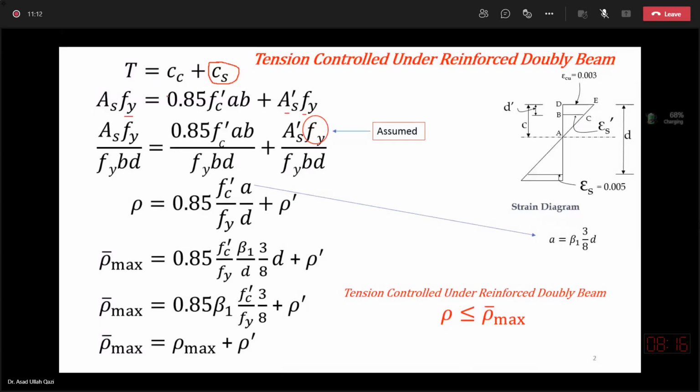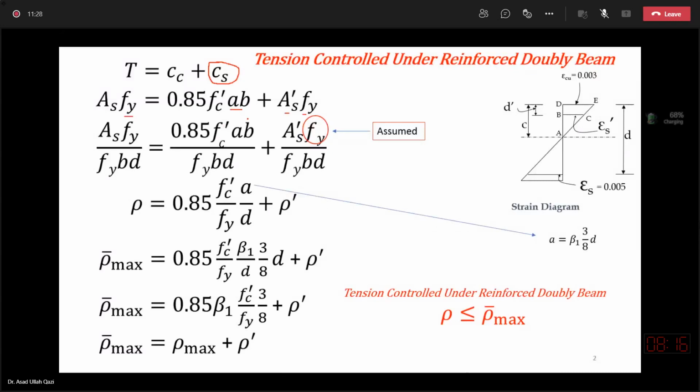CC is just like in singly beams, the compression force developed by the concrete, and we are using Whitney's uniform stress on the area A times B. This will give us CC.